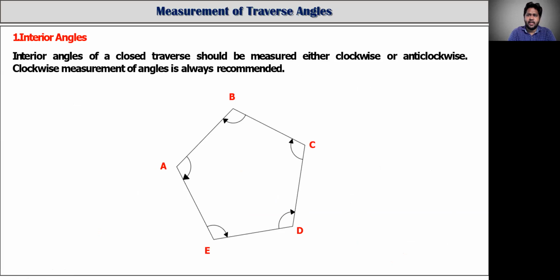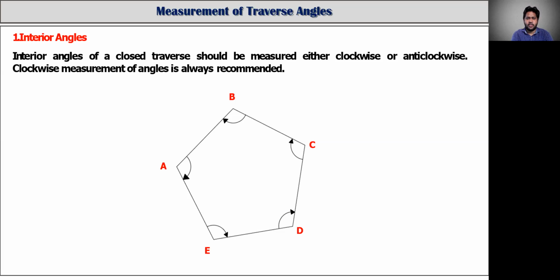What are the interior angles? Interior angles of a closed traverse should be measured either in the clockwise direction or anti-clockwise direction; consistent measurement is always recommended.